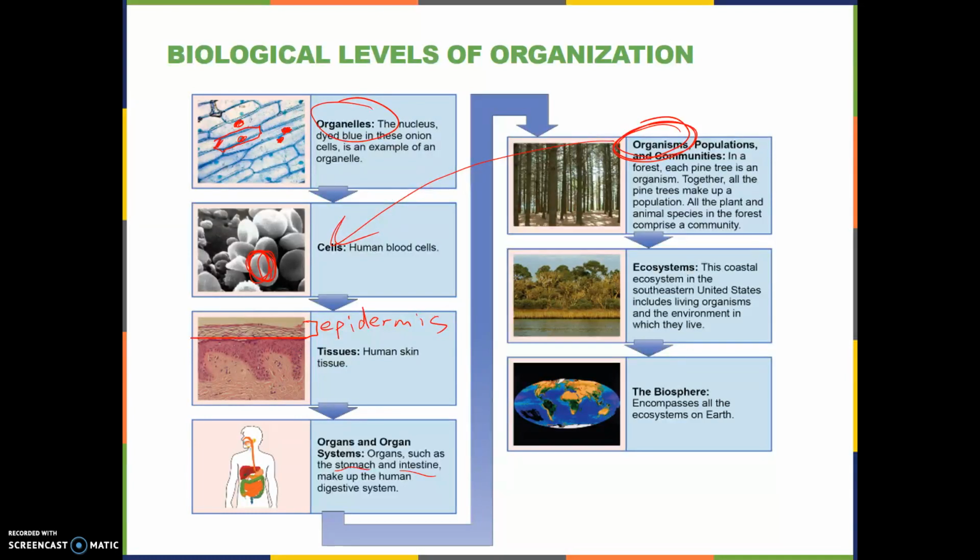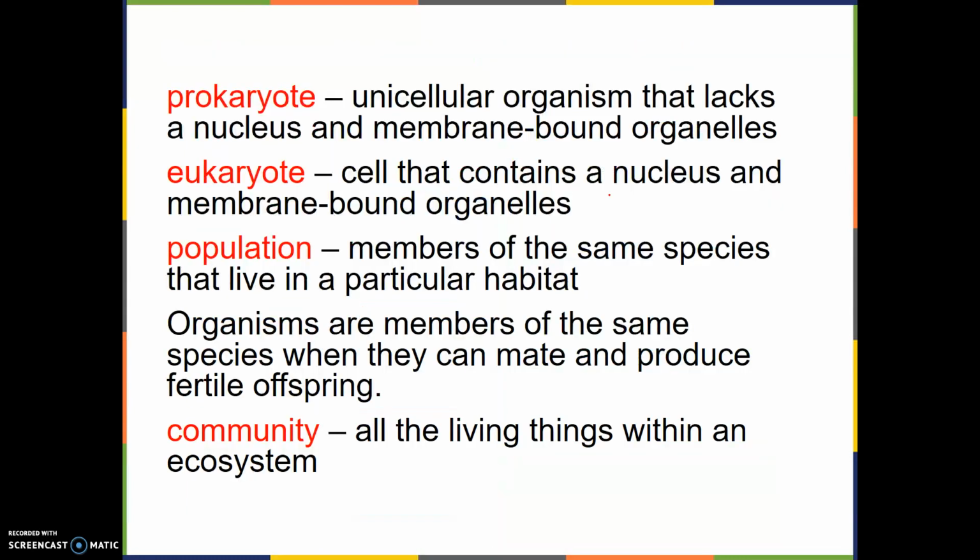So the community in this particular habitat would be the trees and the birds and the squirrels, all the living things, the mushrooms, all the living things in this habitat. And then the ecosystem would be the living things plus the non-living things like water and soil. And the biosphere is the entire area on Earth where living things can exist. Here's a few definitions for you.